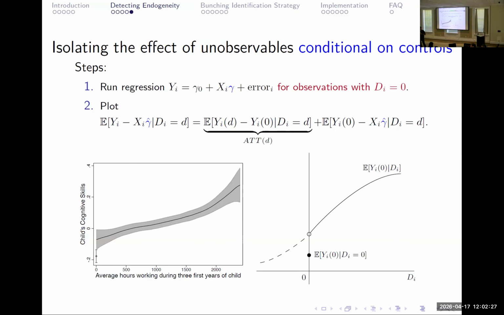Because usually most of these methods have some assumption where you have a continuous treatment effect at zero, and then you need some assumption that there's something representative about what's happening at zero versus elsewhere.